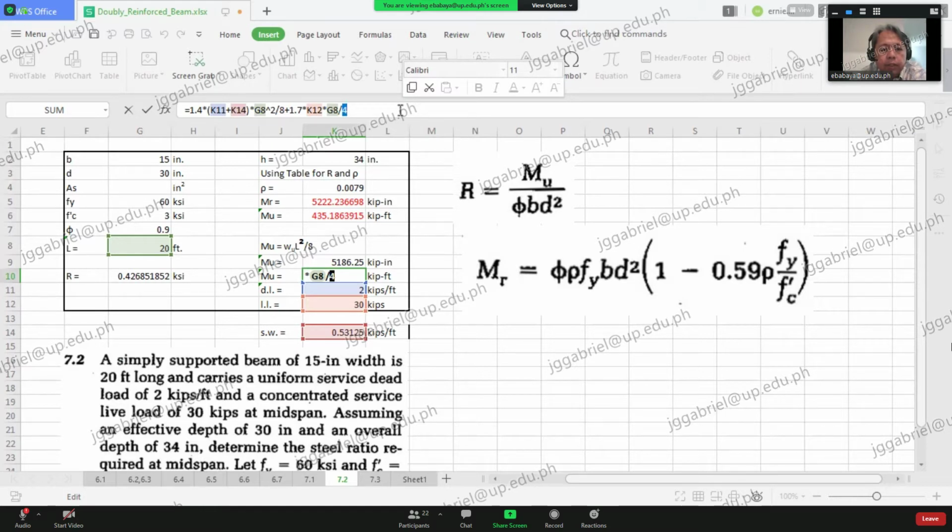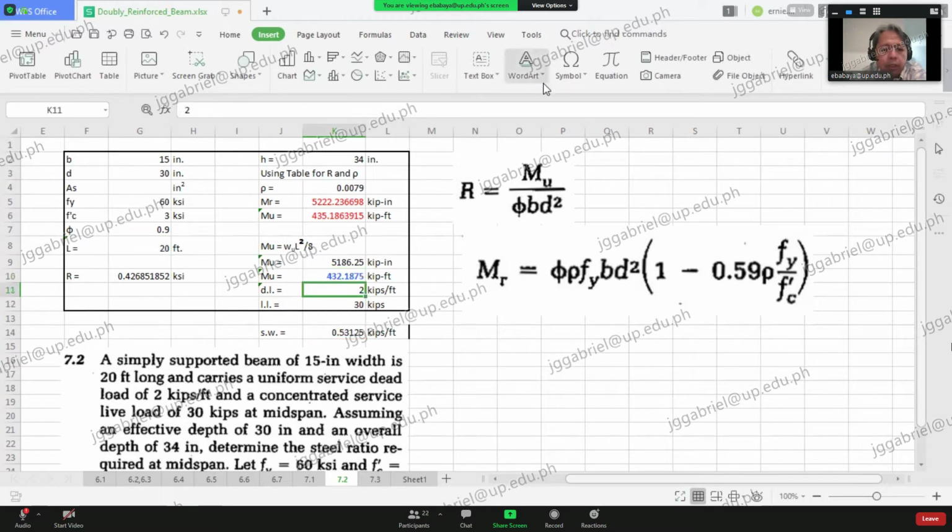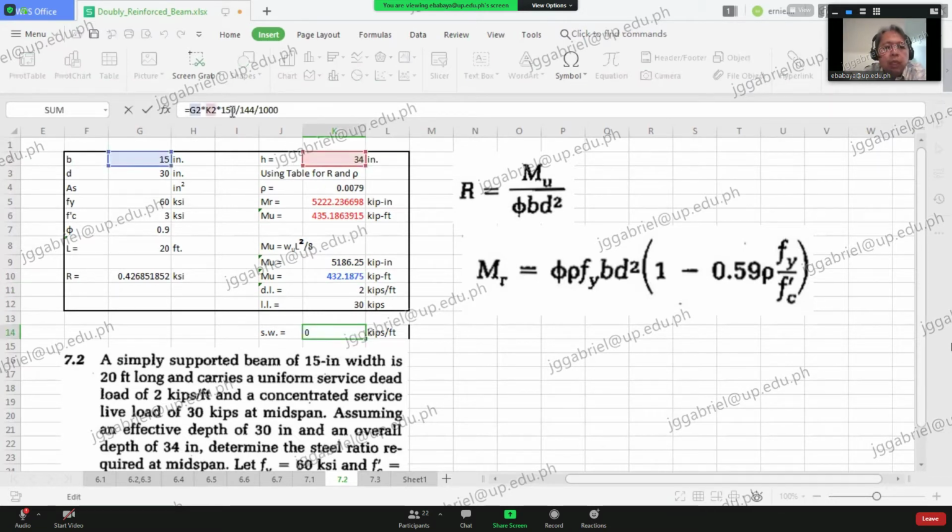Okay. First, we have to compute for the self-weight. Self-weight, as usual, note this: 150, that's the unit weight of concrete, and 144, conversion from square inches to square foot, and then 1,000 from pounds to kilopounds.